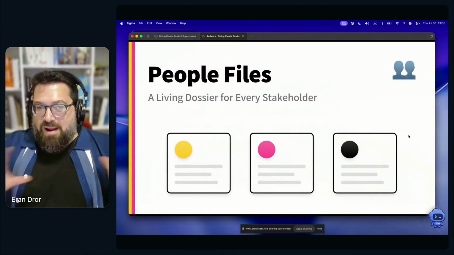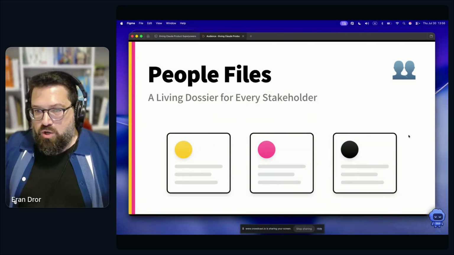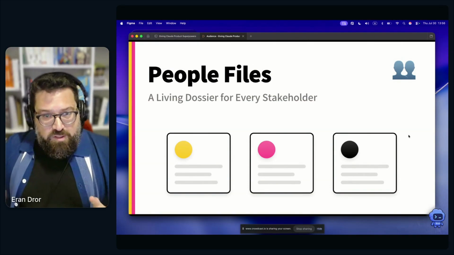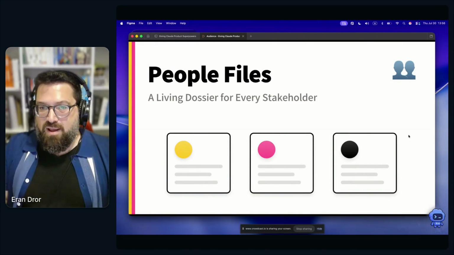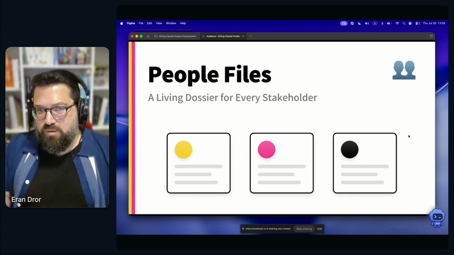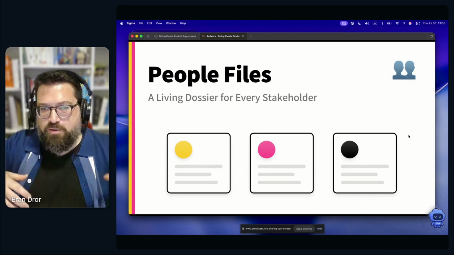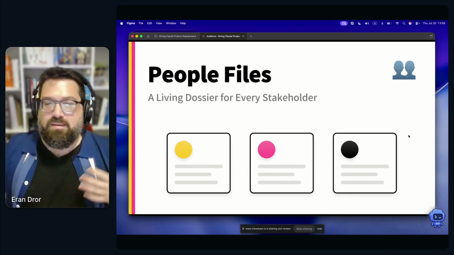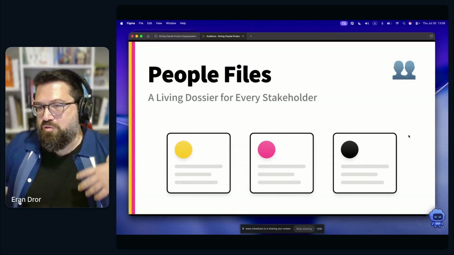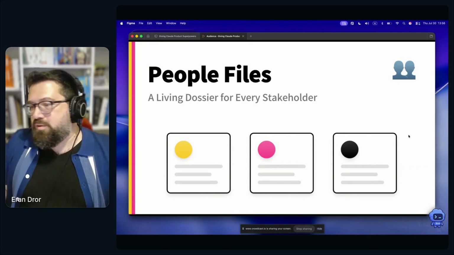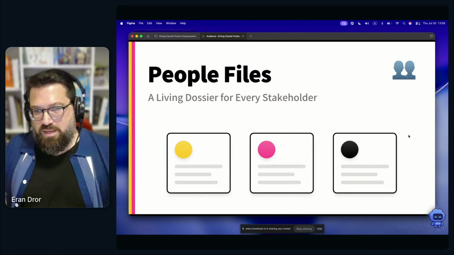You want to have files on people. So every stakeholder, in your customers and maybe even in your team, needs to have a file saying who they are, what's their story, their pattern of requests and what they're saying. It can be stored locally on your machine, but give Claude access to it so it understands who's talking to who. If you give it a transcript, how does Claude know who's who and what to make of it, right?